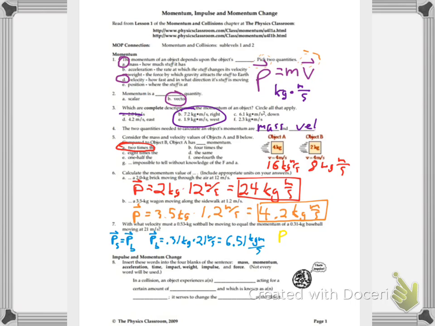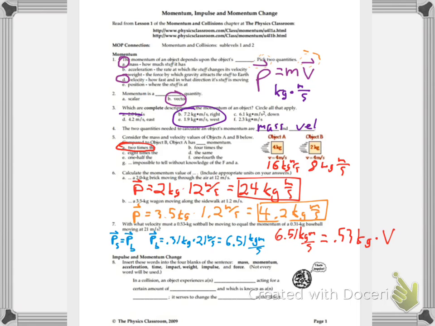So now, look at the momentum of the softball, and we know that the momentum of the softball will be that same value. So 6.51 kilogram meters per second will then have to equal 0.53 kilograms times our velocity.